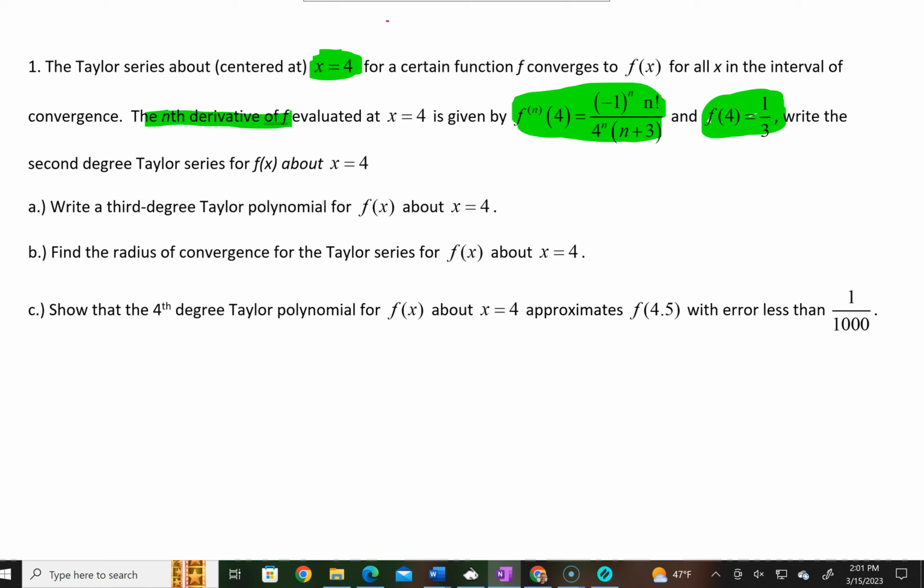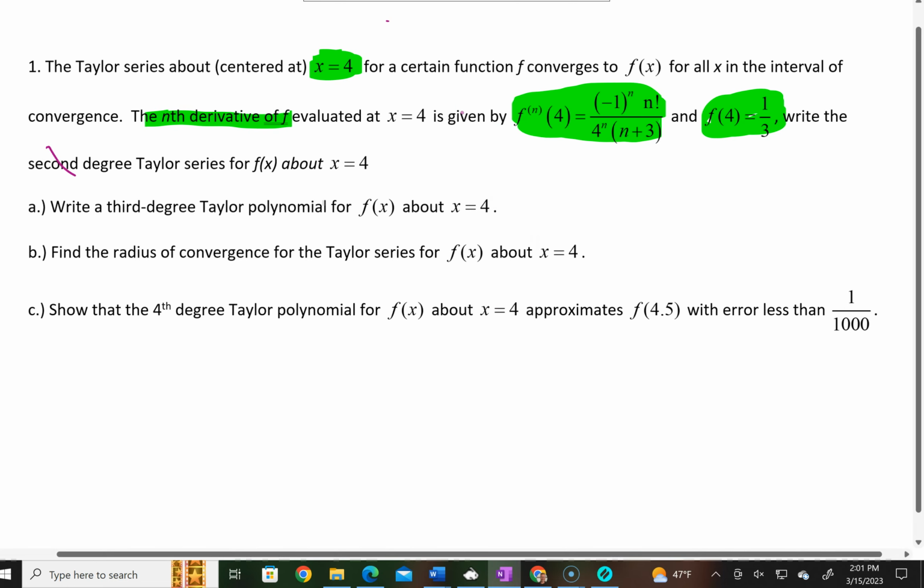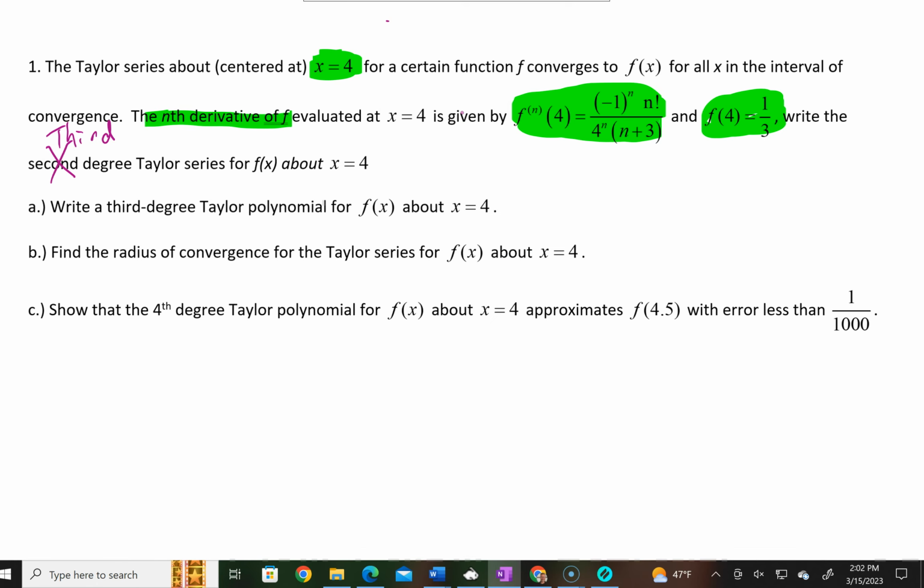And actually, I'm afraid there might be a bit of a typo here. I think what I meant to type out is we'll make it a third degree Taylor polynomial, so sorry about that.